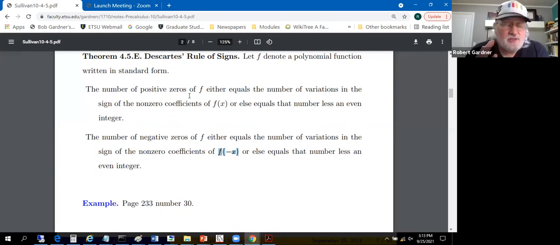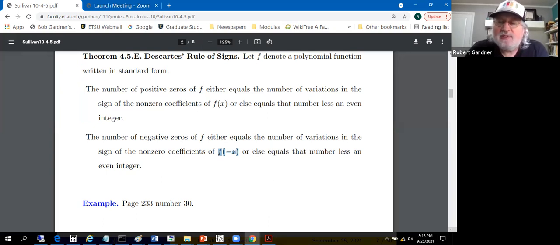Look for changes in sign when read from the highest power of x coefficient to the lowest power of x coefficient, ignoring the zero coefficients. Count those. That's either the number of negative zeros, or the number of negative zeros is that minus 2 or 4 or 6 or whatever, as long as you keep that quantity non-negative.